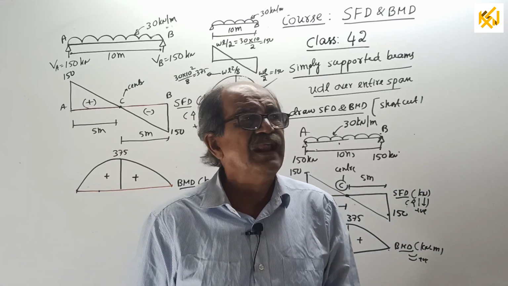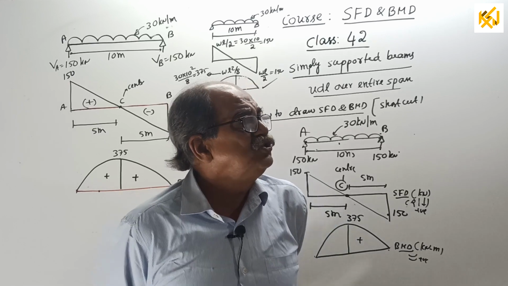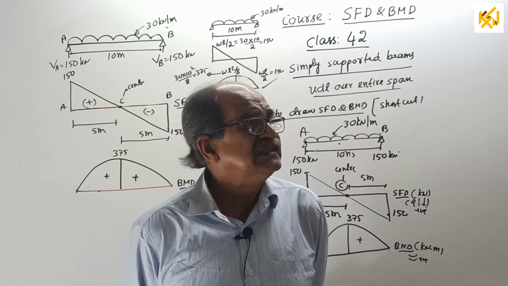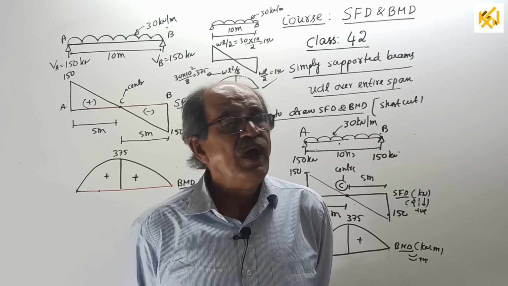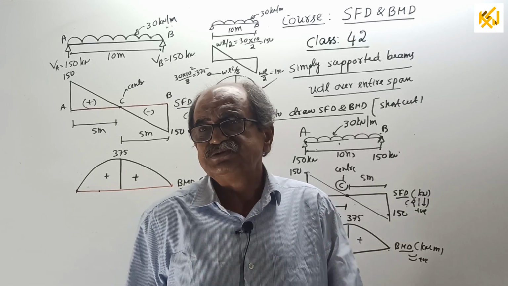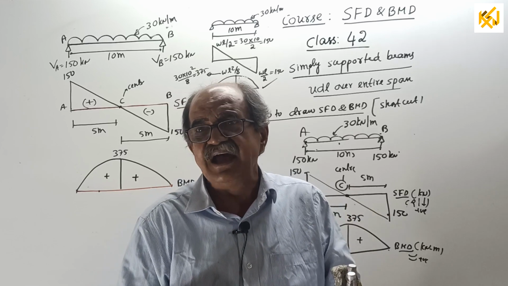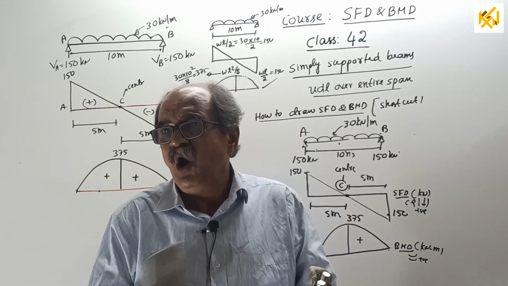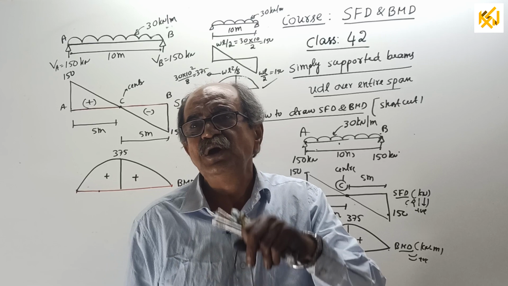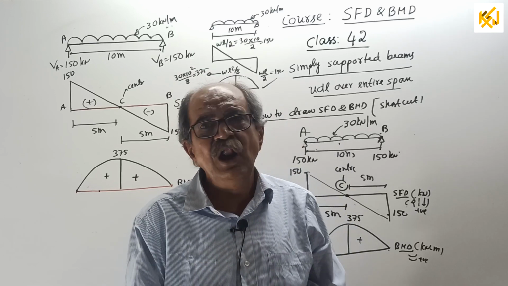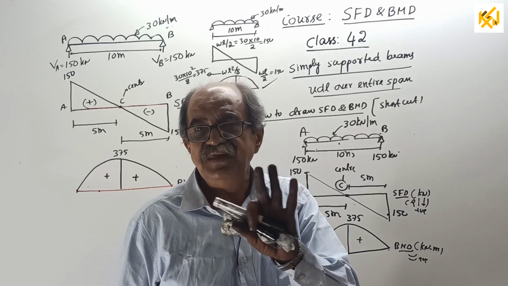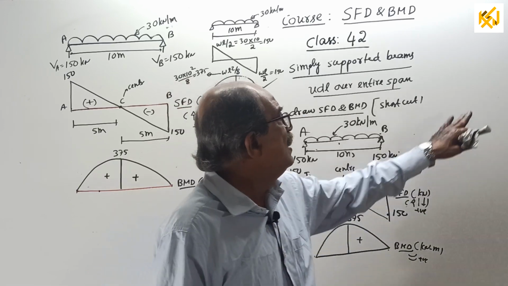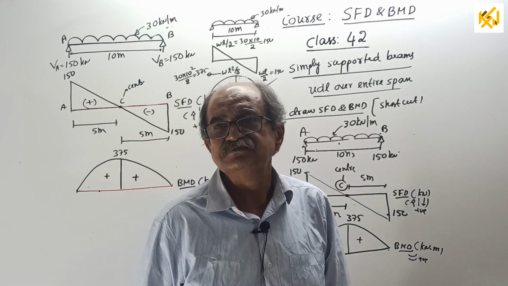Some principles are there: how to get that ratio of overhang to span to get maximum BM as less as possible, or for what ratio the beam between supports will sag, for what ratio it will hog, and for a particular ratio BM will be 0. All that is required for objective questions, but I will do it systematically, theoretically, and also explain in objective questions.